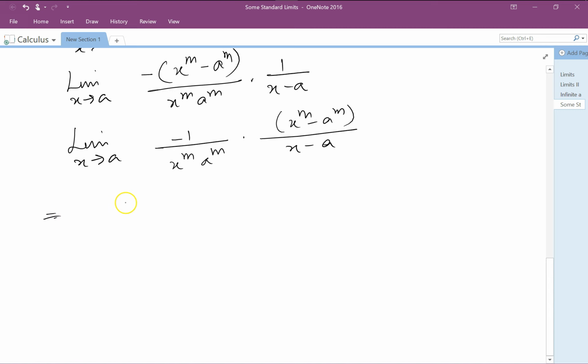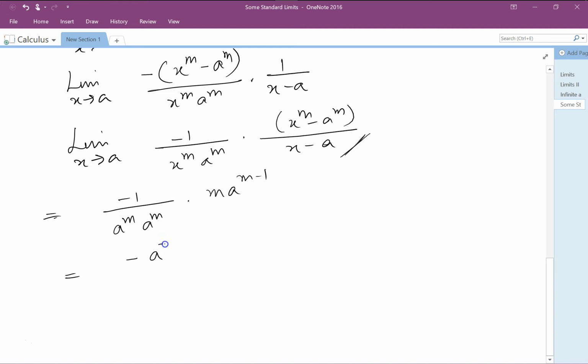So this becomes minus 1 by a to the power of m, a to the power of m times. Now this we have already shown in the previous for positive integers. This is equal to m a to the power of m minus 1. Now let's do the arithmetic.